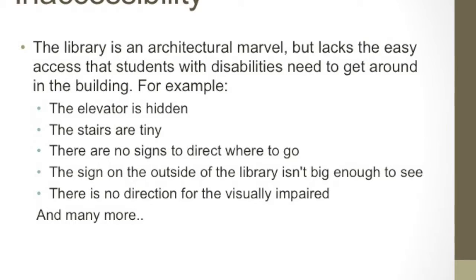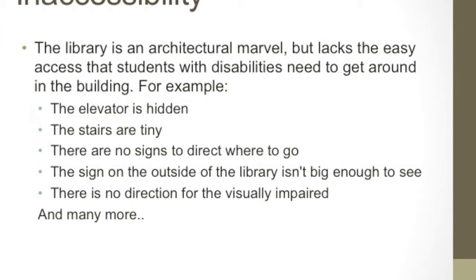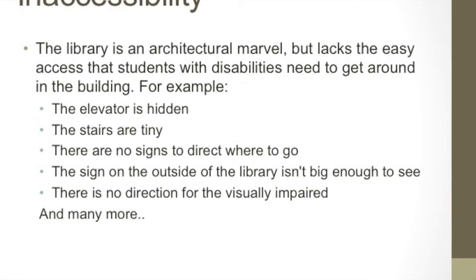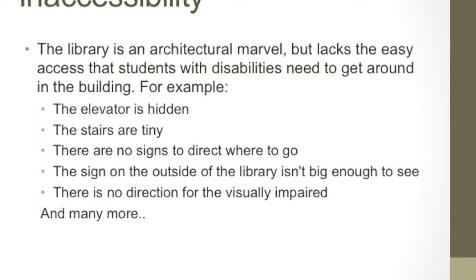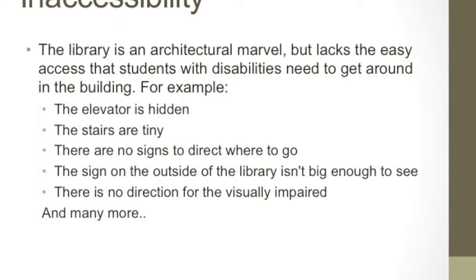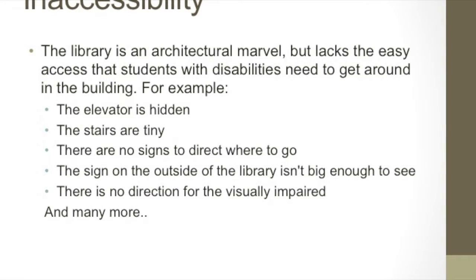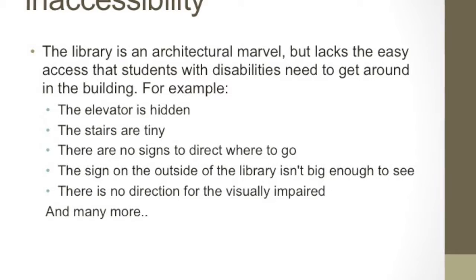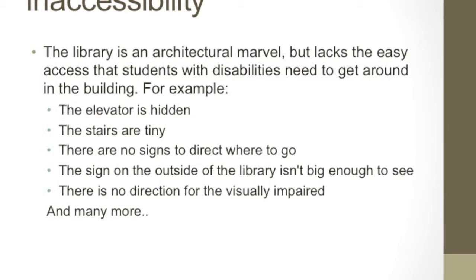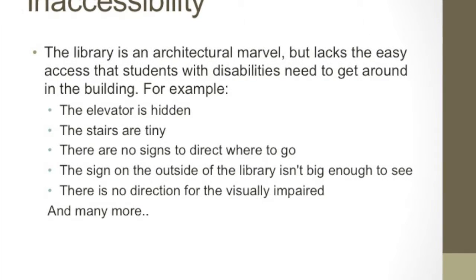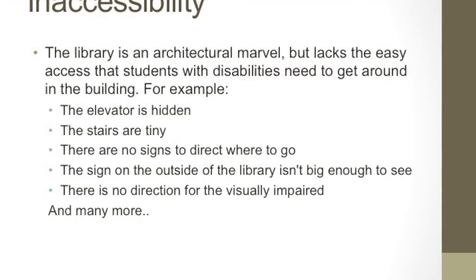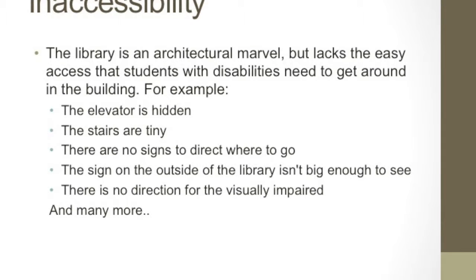There's no real signs to direct the students where to go, and even the sign on the outside of the building telling the students that it is in fact a library can't be seen from every direction, so students could easily mistake this for a building where when you walk in, you just see a bunch of brochures telling you about the surrounding area. They wouldn't really know that it was a library. And so the people that are disabled and even other students have a hard time getting around this building.